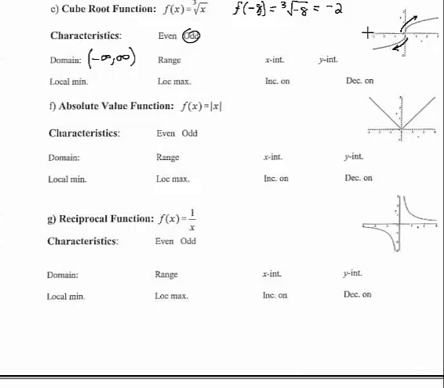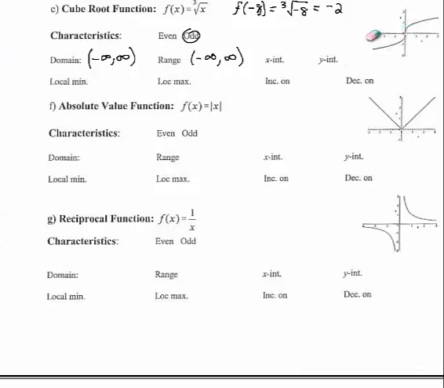If I go far enough out on my x-axis to the left, if I put in a large enough negative number, I can get as large a negative y value as I want to. Okay, so the cube root function spans the entire y-axis, so all real numbers for the range.